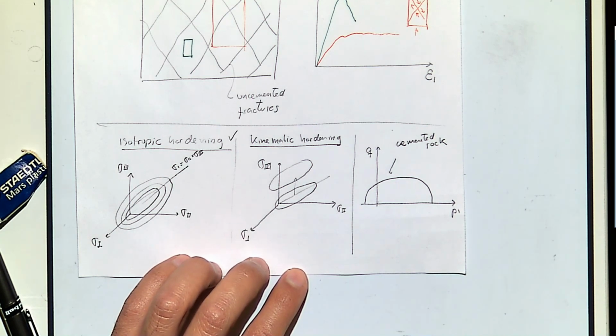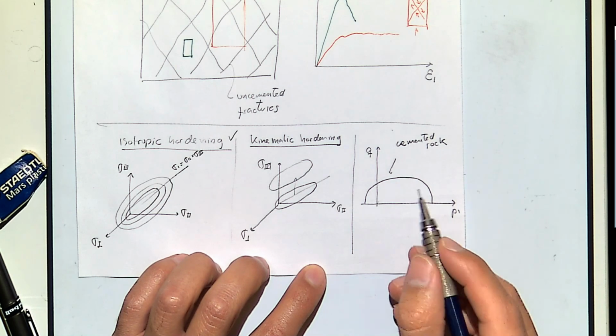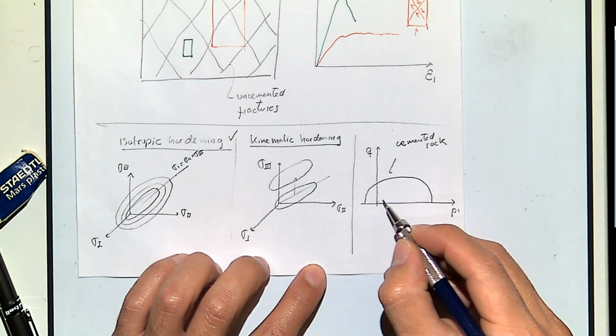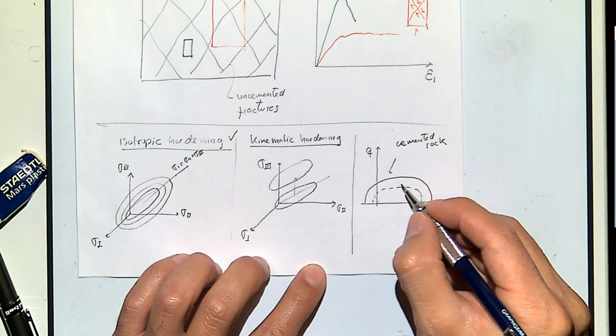There is another field of mechanics which is relatively new, in which your yield surface could also change due to chemical actions.